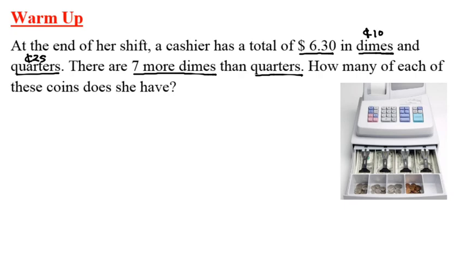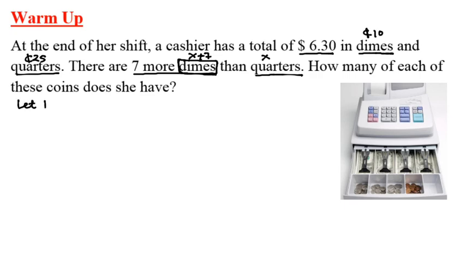Meaning of that is, if the number of quarters is x, the number of dimes will be x plus 7. We have to find how many coins of each type there are. So we start with that x and x plus 7.